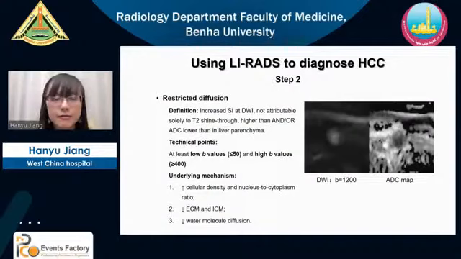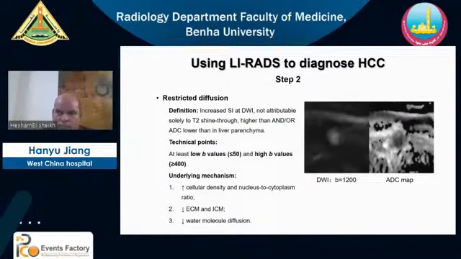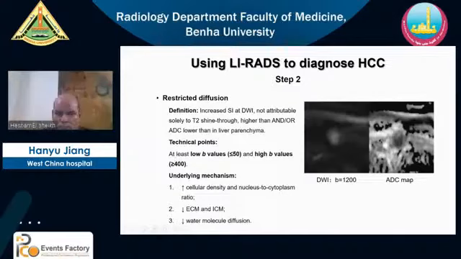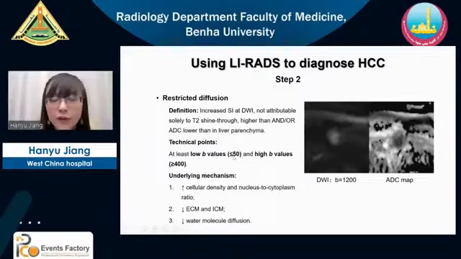So first, restricted diffusion. The definition of restricted diffusion is increased signal intensity at diffusion-weighted imaging, not attributable solely to T2 shine-through, higher than and/or ADC lower than the liver parenchyma. There are some technical points that we should apply before evaluating this imaging feature. At least low b-values, which is less than 50, and high b-values over 400 should be used in diffusion-weighted imaging.